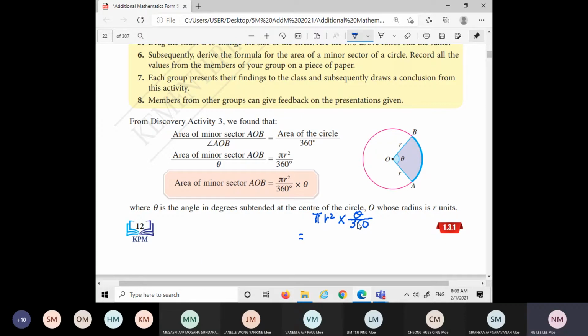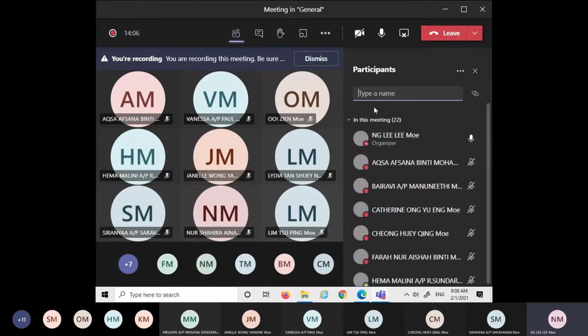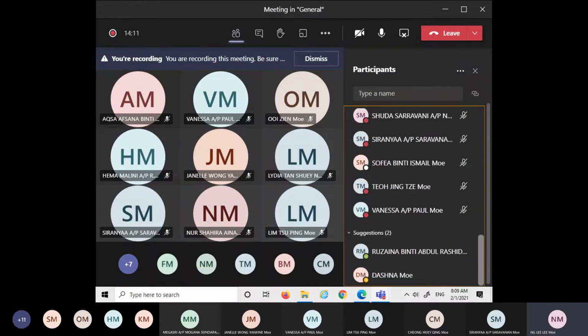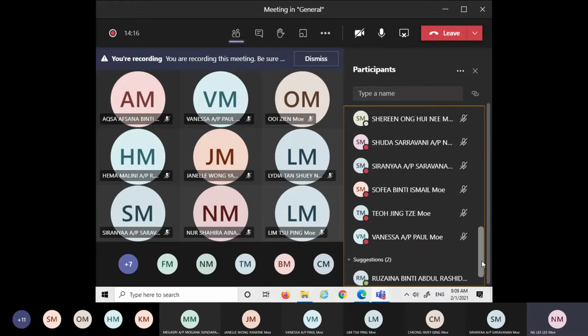Let's say now we change to radian form. 360 degrees, change into radian form. Can I call Teo Jingzi?